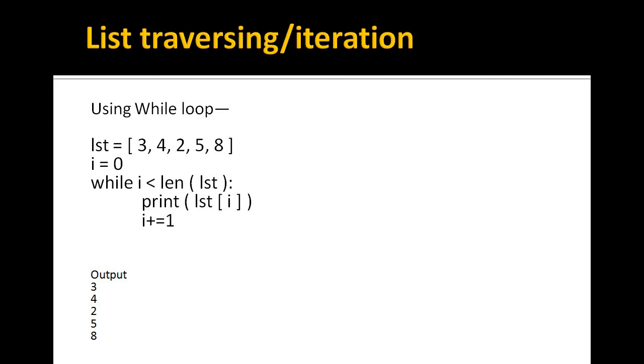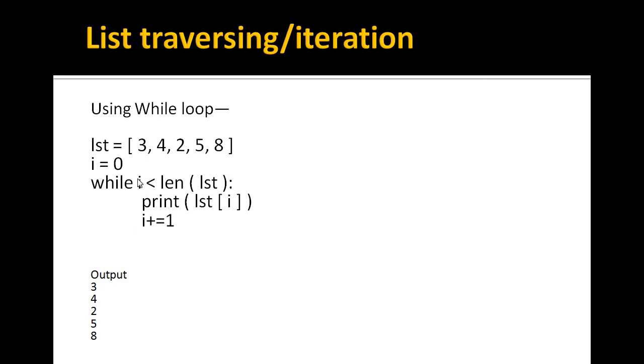The first statement inside this loop is print lst[i], where i is 0, so lst[0], which is 3, is printed. i's value was 0, now it is incremented to 1, and when you again go to compare in the while statement, now 1 is less than 5, true, and lst[1], which is 4, is printed. i's value is incremented, again i's value is 2, and 2 is less than len of list, that is 5. So the next statement is executed.